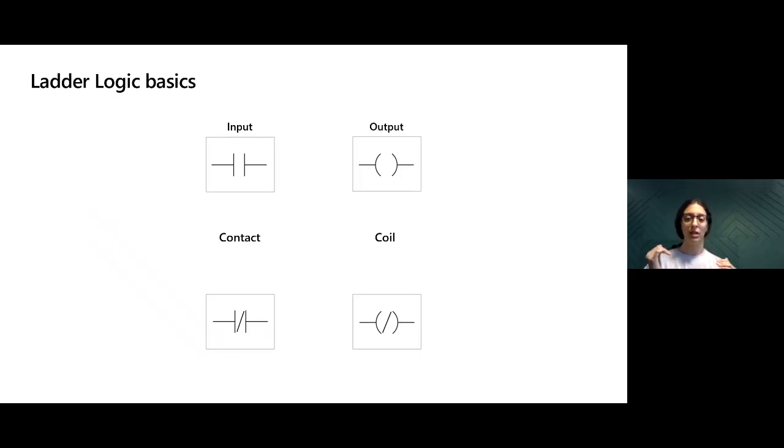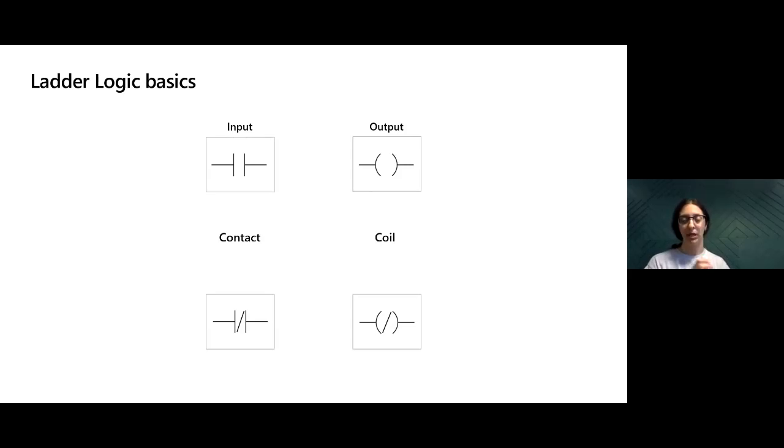We can also say that when a coil is activated, we call it energized, and otherwise de-energized. Another note is that we can put a slash in the middle of a contact or a coil to perform a logical NOT. And the rest of the concepts of contacts and coils exist in here also.